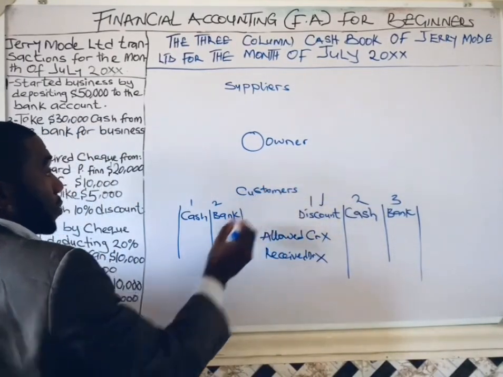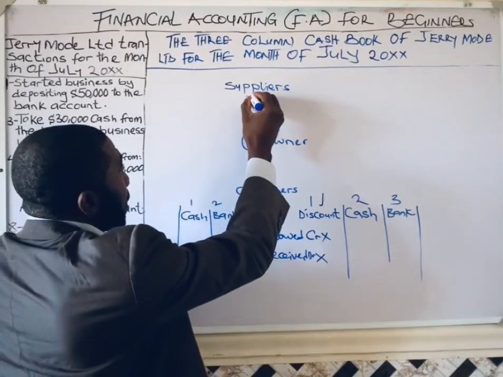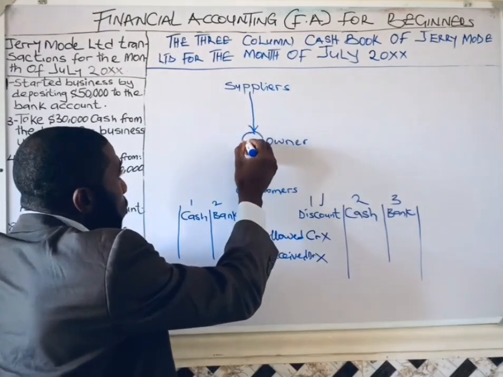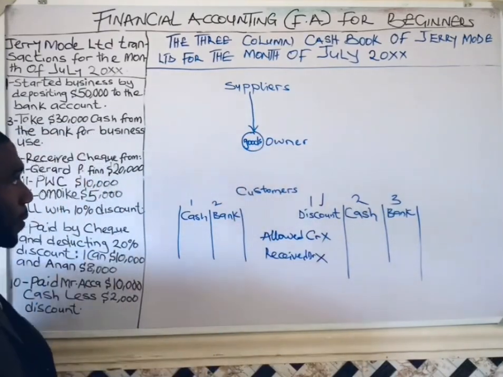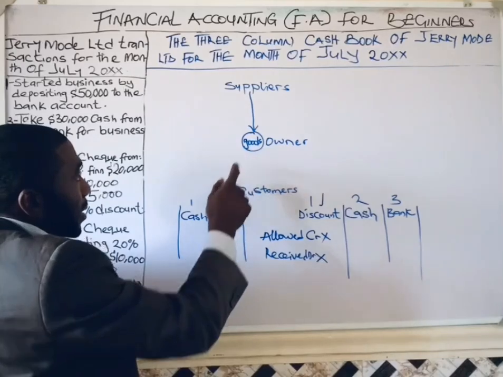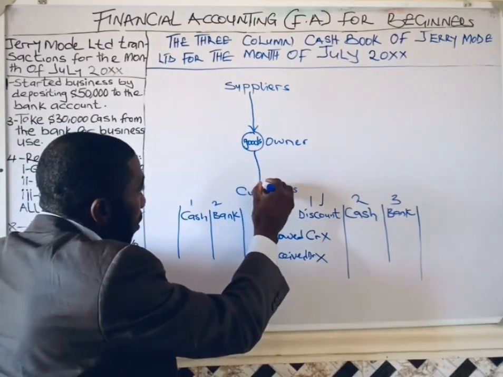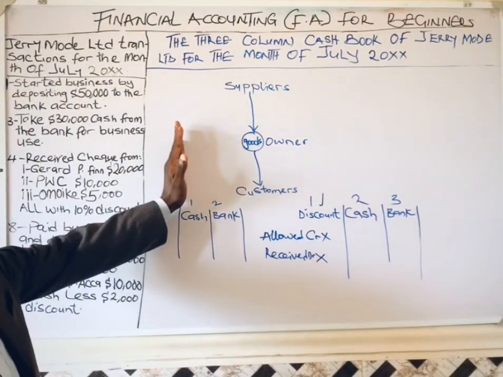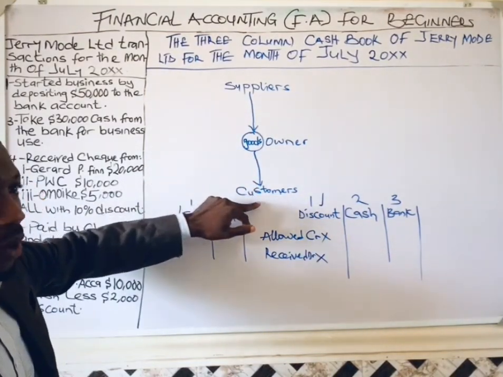It's very simple. We receive goods from the suppliers, then we sell these goods to our customers. Simple as that. Looking at this chart, the suppliers supply all the goods and we sell to our customers.